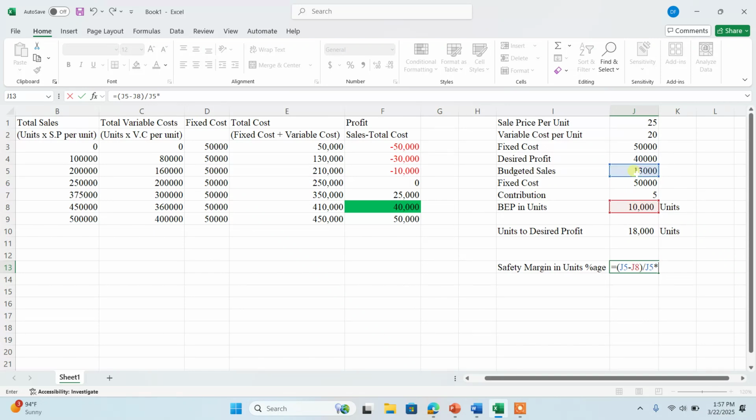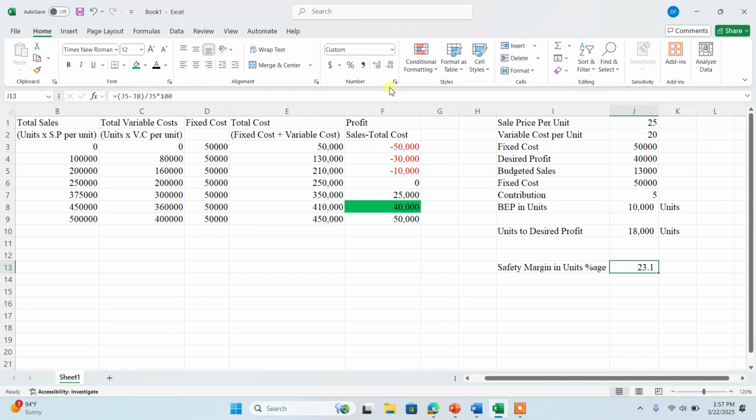To convert into a percentage, we multiply by 100. So the answer is 23.08%. If I round it, 23.1%.